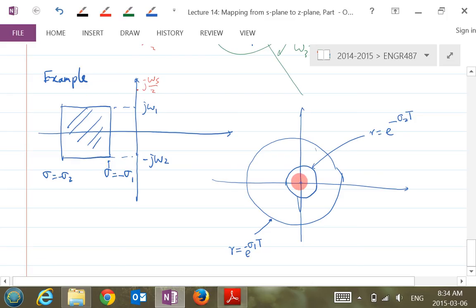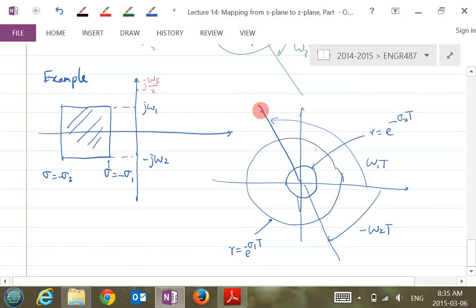The first one is positive, so I don't know how much it is, but let's say the first one is the radial line over here, and the angle from here to here is omega 1 t. And the lower one is a negative omega, negative omega 2, so you may have this one here, that's negative omega 2 t. So looking at only the two vertical ones, it's this ring here, and if I look at only the two horizontal ones, it's from this radial line to this radial line, right?